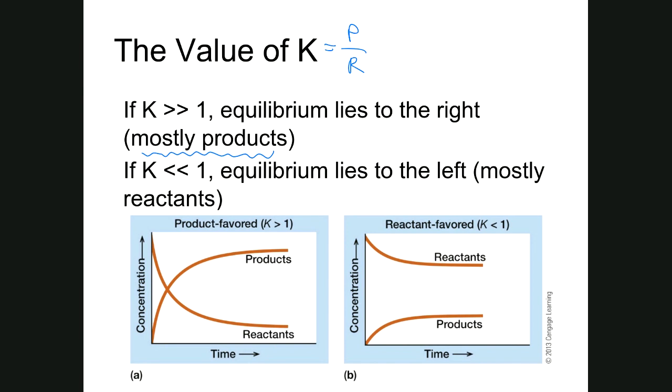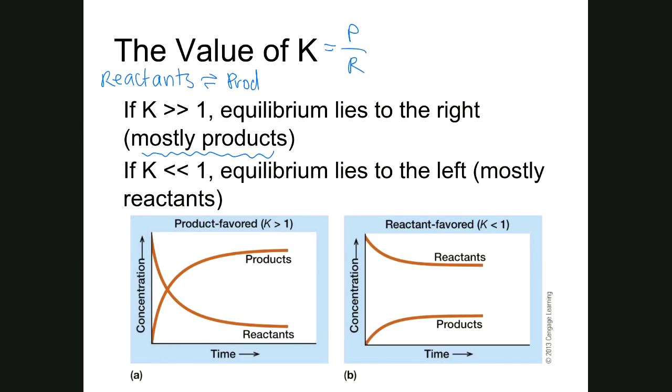So if we have more products, we have a bigger numerator. A bigger numerator means we're going to get a value greater than 1. And when we write out a chemical reaction, it's always reactants on the left, products on the right.